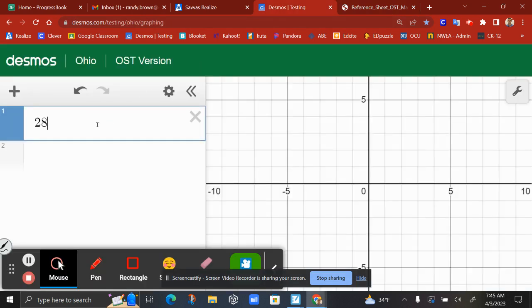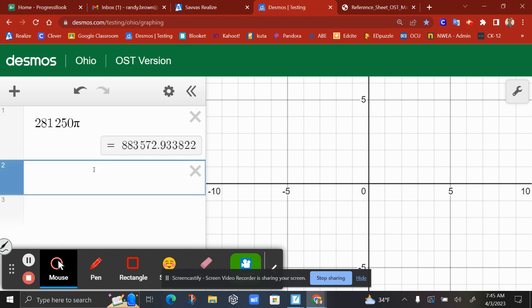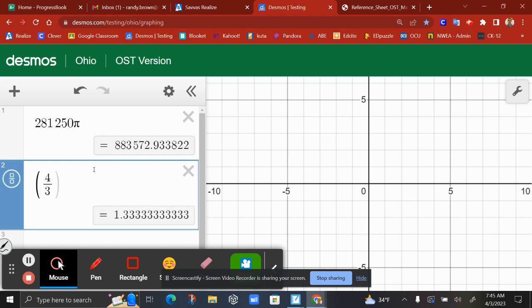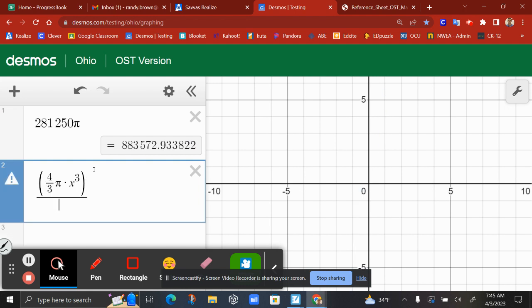So it was 281,250 pi, and then my other part was 4 divided by 3 pi. Instead of r, remember we like to use x in Desmos, so x to the 3rd power divided by 2. So you see I use parentheses there, so I get that whole divided by 2.